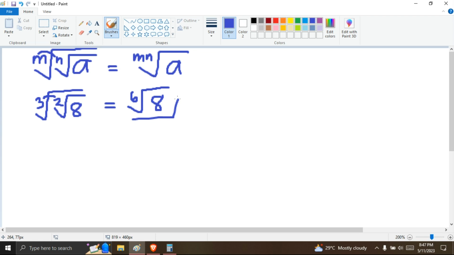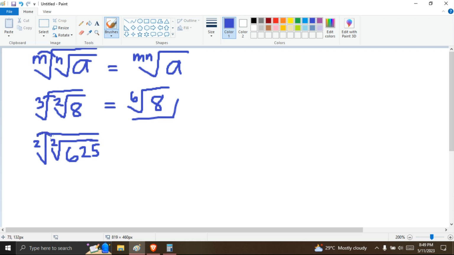Let's have another example in which we are going to simplify. Let's have the square root of the square root of 625. We know that it has an index of 2, and another 2.